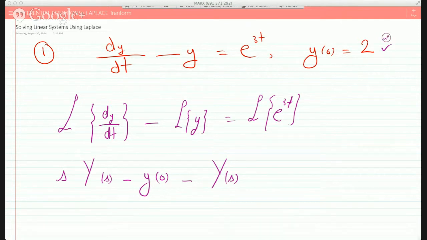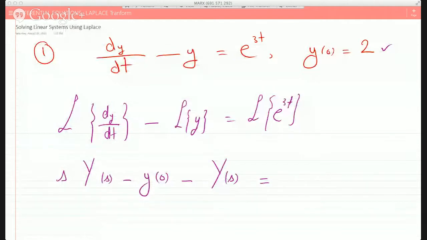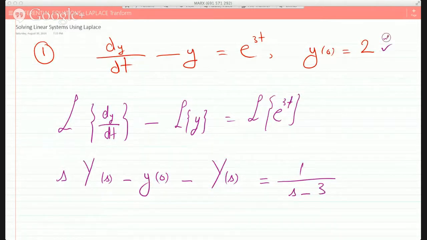Okay? Now we go to the right-hand side. The Laplace of e to the 3t, you look in the table. e to the at is 1 over s minus a. So a in this case is 3. So the Laplace of e to the 3t is 1 over s minus 3.